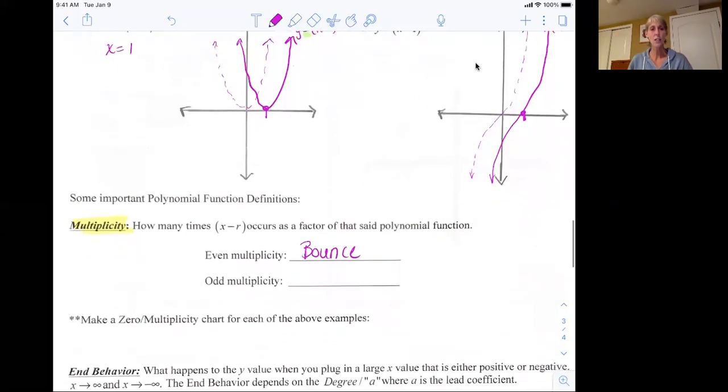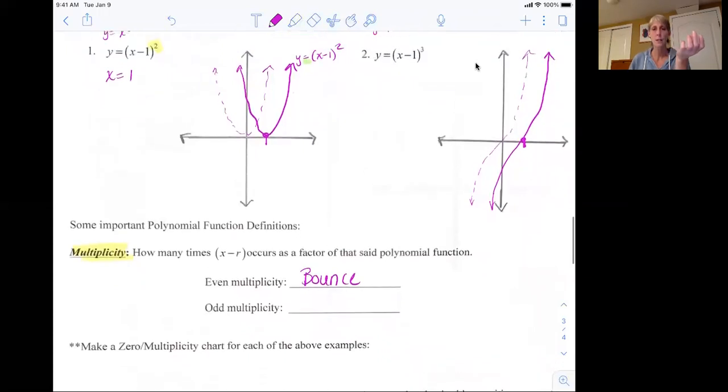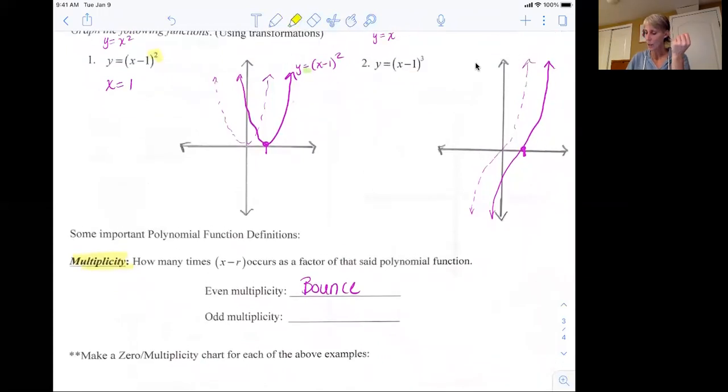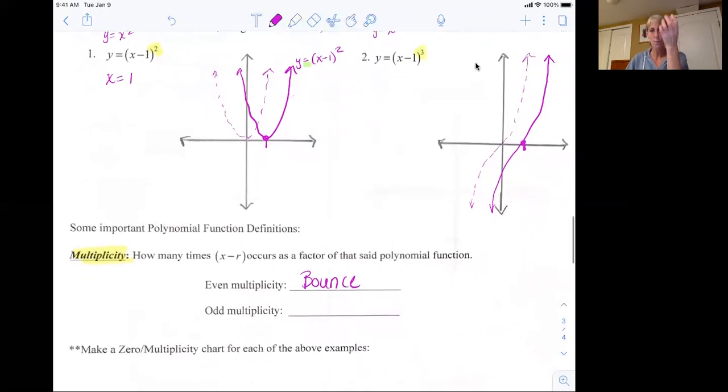If our multiplicity is an odd power, our graph is going to cross or cut through, however you want to describe it, at that x-intercept. Here, x minus 1 is our factor, but x equals 1 is our x-intercept.